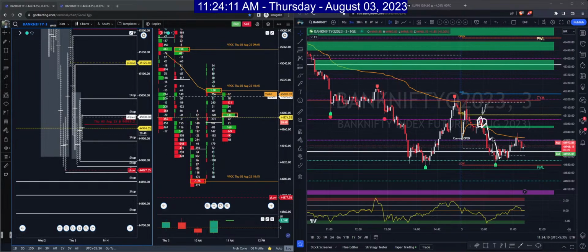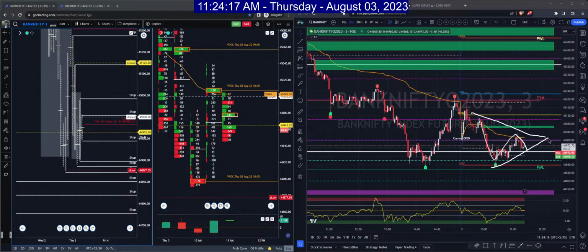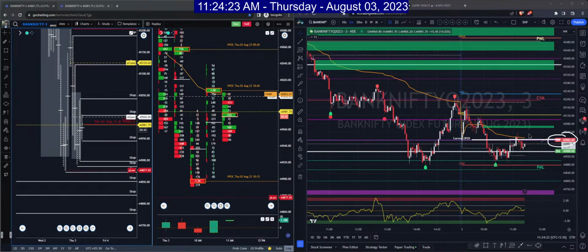Currently the price is just contracting, and 45,000 is again the area where supply is trying to come in. So overall we are balancing, but I'm seeing liquidity at the 44,900 level and at previous day low. If this breaks, I'll be looking for continuation, or do we get a reversal? That is the trade plan which I had.